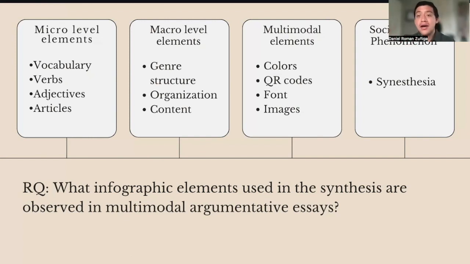In the case of macro level elements, I found genre structure, organization, and content. In the case of multimodal elements, I found colors, QR codes, font, images. And I also found that the students used the sociosemiotic phenomenon synesthesia in the infographic and in the argumentative multimodal essay.